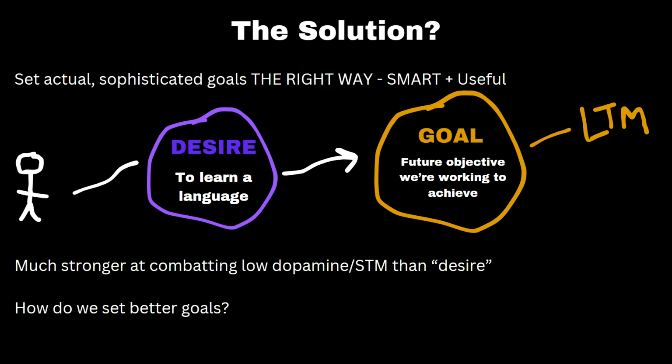And when I show you how to set smart goals in a second, you'll understand completely. But effectively, a goal is better than simply desire on its own, because a goal is a more advanced purpose. And when we have a more advanced purpose, it's much easier to combat low dopamine, lapses in short-term motivation, etc.